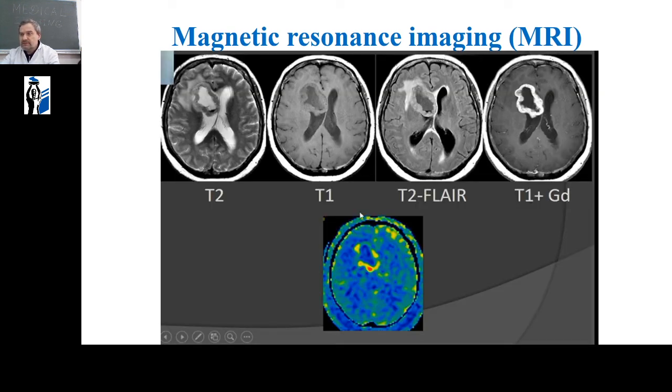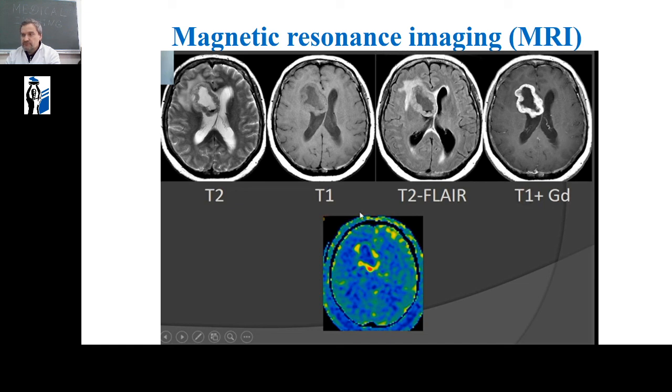The next slide shows the pulse sequences during magnetic resonance imaging of the brain. There are sequences T2, T1, T2 FLAIR, T1 plus gadolinium.